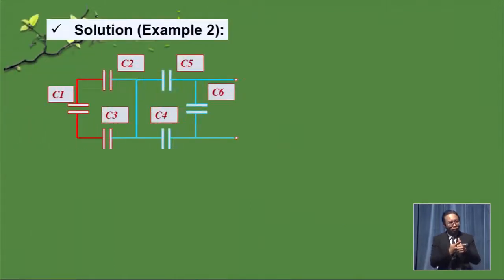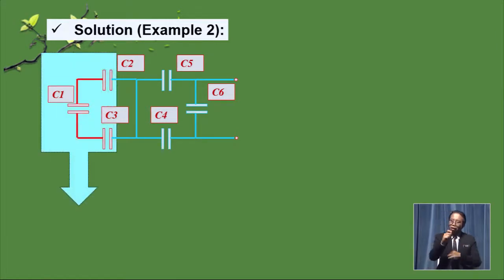First, we label all the capacitors in the circuit as C1, C2, C3, C4, C5, and C6. To find the equivalent capacitance, it is easier to solve it from the left end of the circuit to the right end of the circuit.